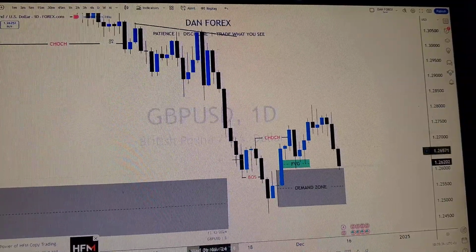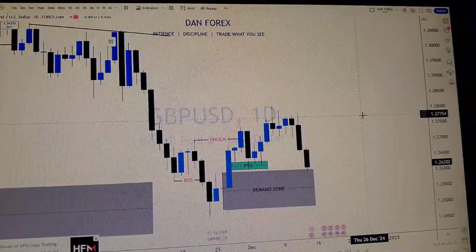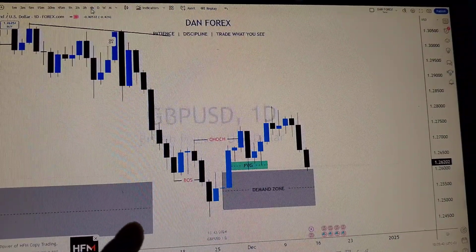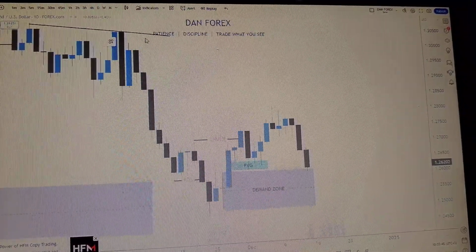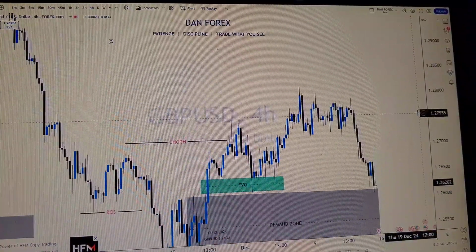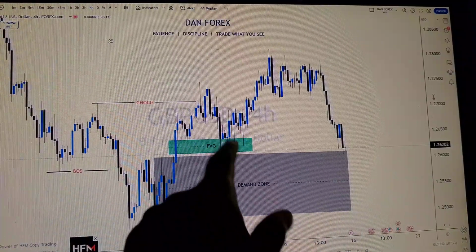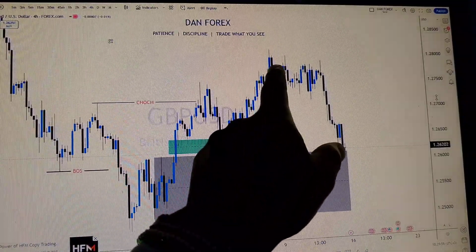Right, so now let's go to, that's a daily. We have seen that the market has tapped to our demand zone. So now let's go to 4 hours. On 4 hours we've seen that the market reacted from an area of FVG and pushed higher.